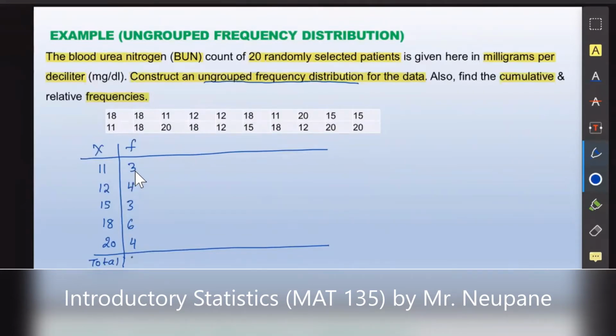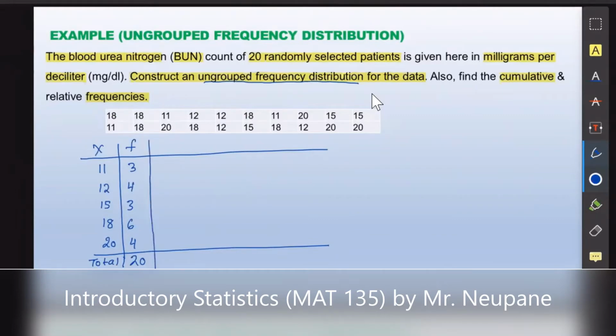So the total I obtain is 20. And you can check here. It says 20 randomly selected persons. That means we are doing it right, because if you add all the frequencies, that should be equal to your sample size. Okay, that is your frequency.